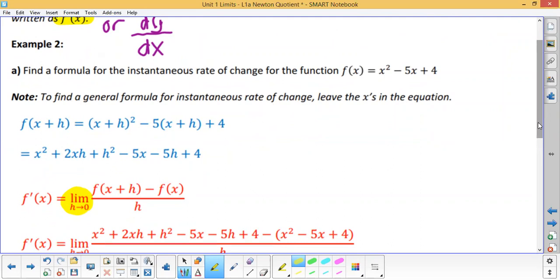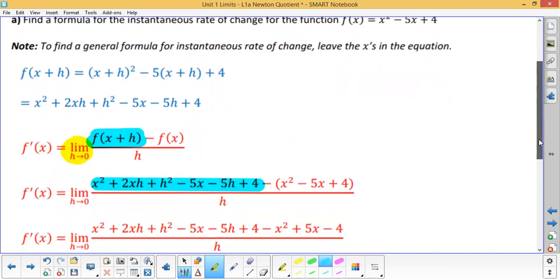What I've done in blue is, to make things easier, first figure out f of x plus h, because that is the component of the formula that students often get wrong if they're not being careful. I make sure everything has been distributed and expanded, and that cuts down on the steps we have to do.